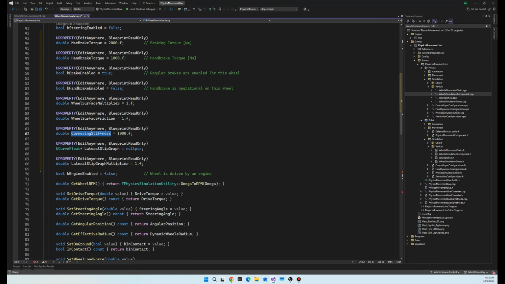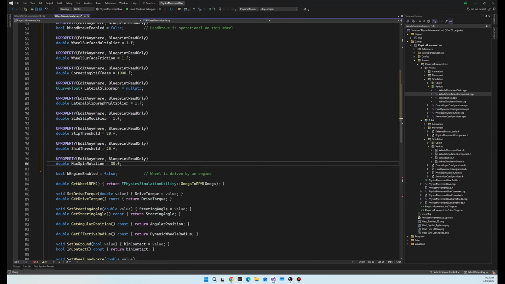I'm just going to focus on cornering stiffness, but the idea is you can either use cornering stiffness, or if you wanted to create some kind of a lateral slip graph instead, based on the speed of the vehicle and the slip, and its ability to skid sideways, you could do that through the lateral graph, and then you've got the multiplier here again so that you can scale your graph accordingly. And then finally, let's just bring all three of these in.